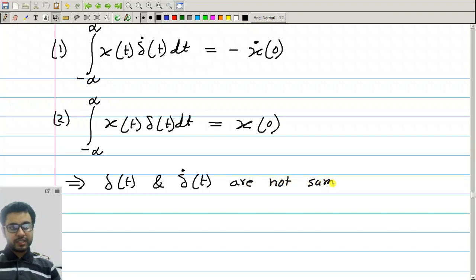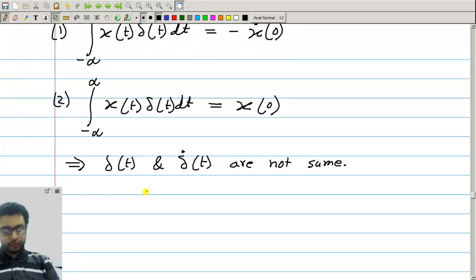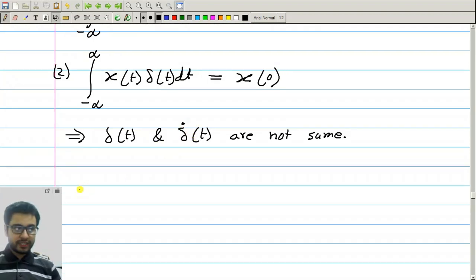Similarly, you can imagine delta double dot, delta triple dot, etc. That is your home task. Imagine the second derivative, third derivative of the impulse function.